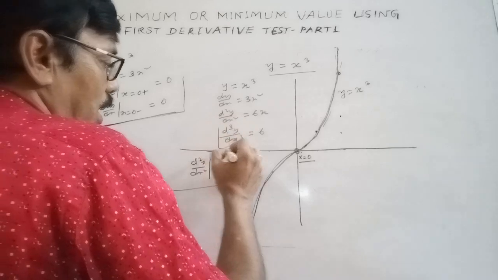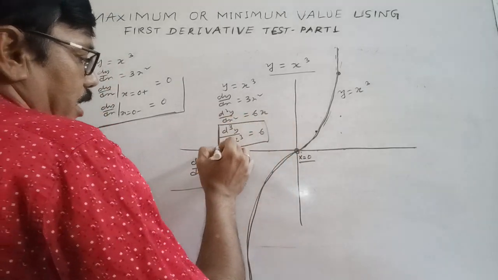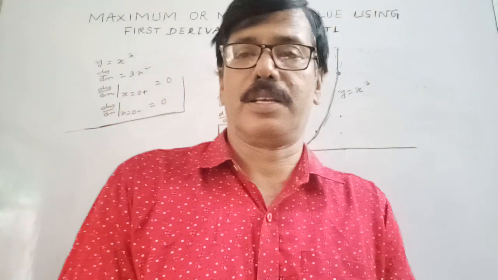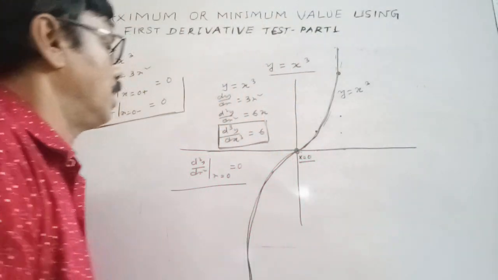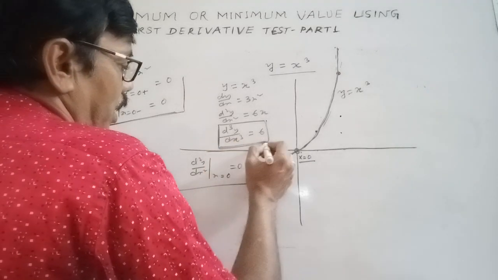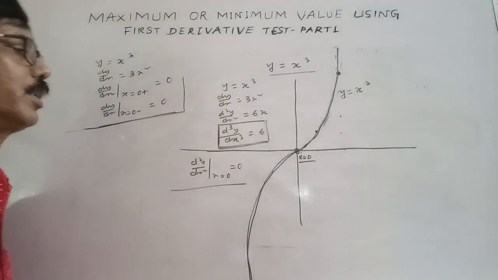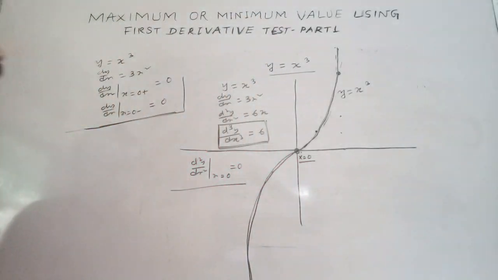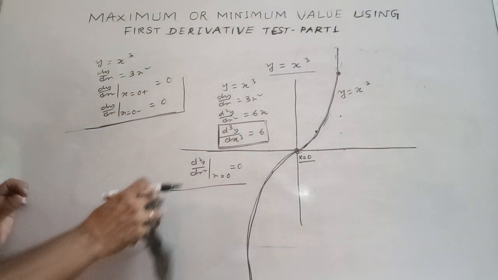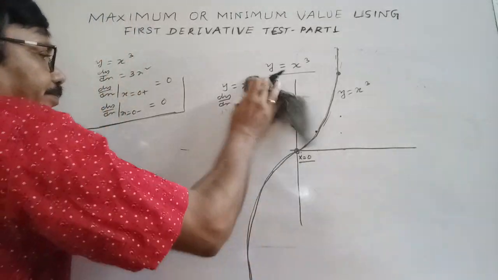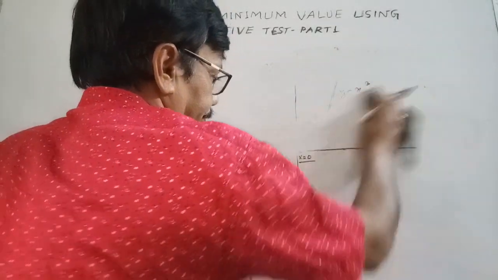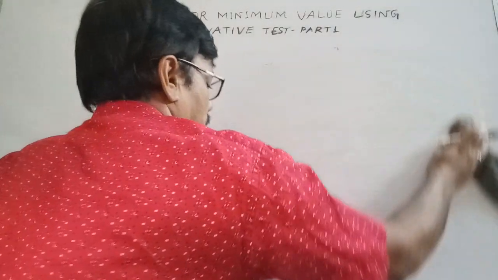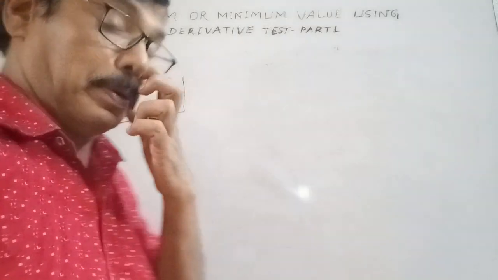But if odd order derivative at x equals to 0 is non-zero, you can say it has no maximum and minimum value. And this point is called point of inflection. So maximum value, minimum value, and point of inflection.